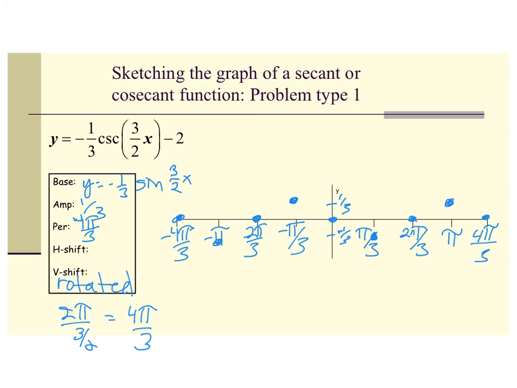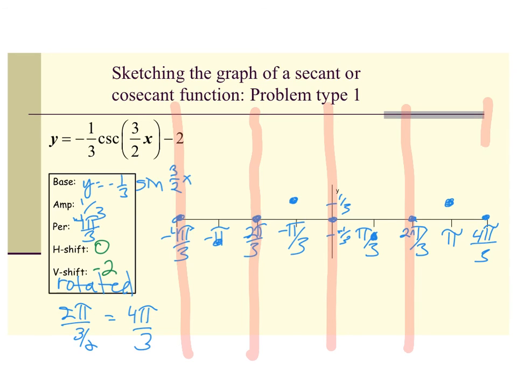Alright. Horizontal shift is 0. Vertical shift is -2, but we're going to lay down our asymptotes first, right through the zeros before we apply the vertical shift. Okay, vertical shift means everything goes down 2 units.